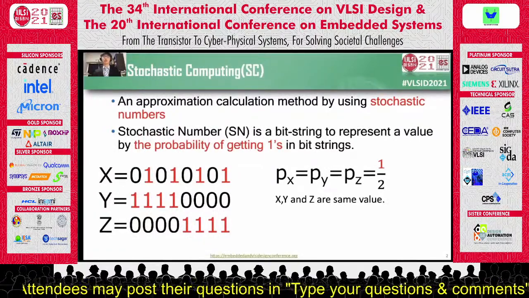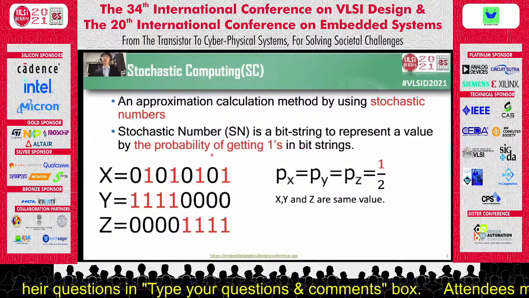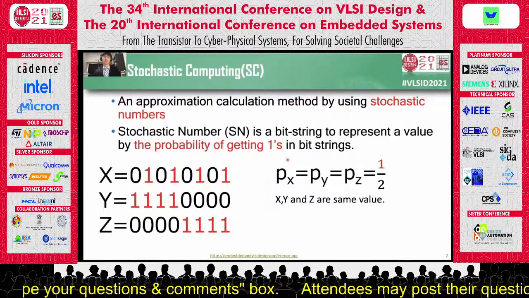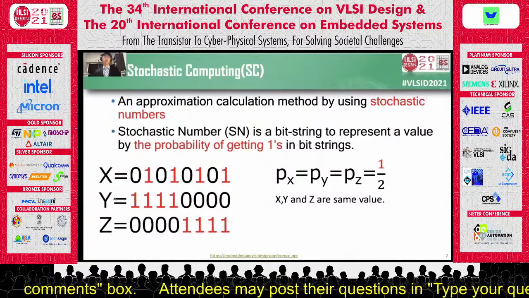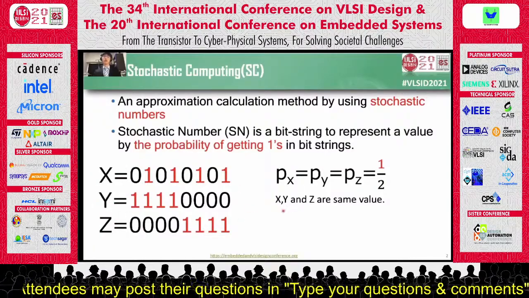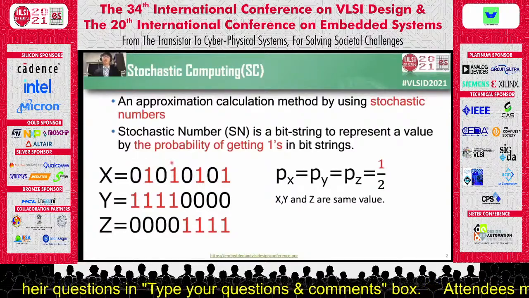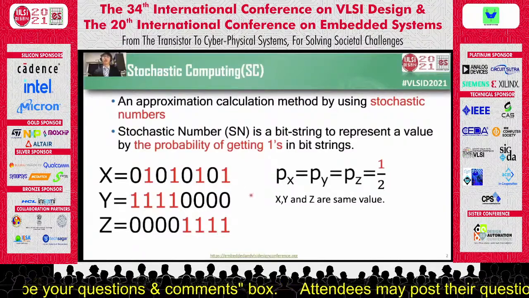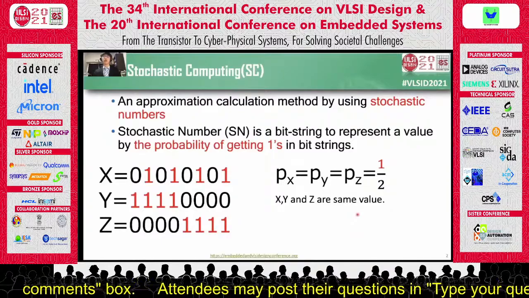A stochastic number, SN for short, is a bit string that represents a value by the probability of getting ones. X, Y, Z are SNs. These SNs are 8 bits, and 4 of the 8 bits are ones. The three SNs are different, but they all represent 1/2.